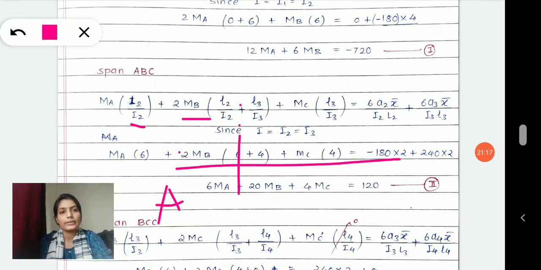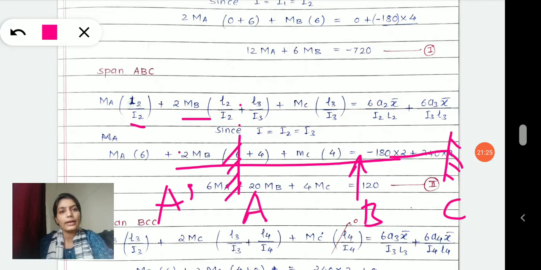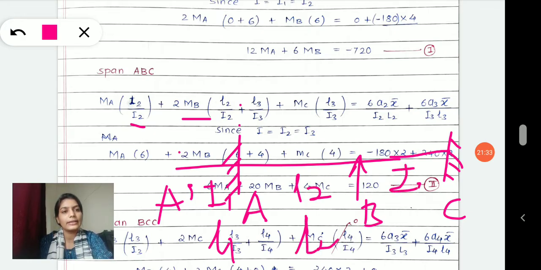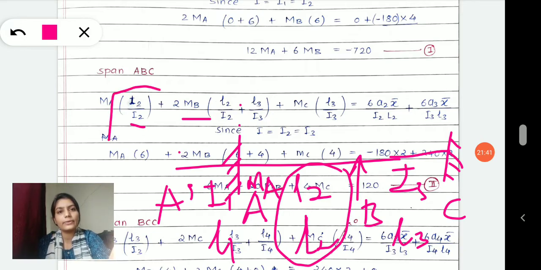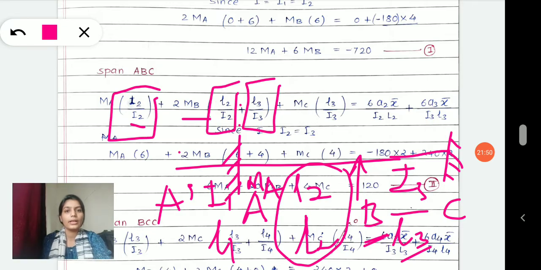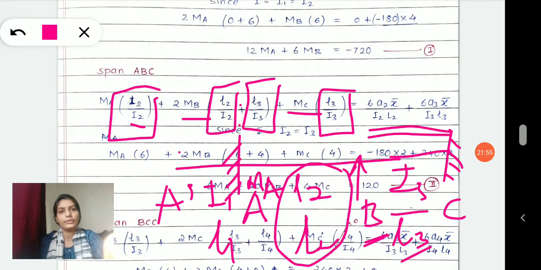This is your A support, this is your fixed end, that is A, B, C. This is I1 L1 and then this will be I2 L2, and this will be I3 L3. That's why with MA you are writing I2 L2. With MB you will write I2 L2 plus I3 L3, right? And for MC you are writing L3 by I3 and the rest of it.